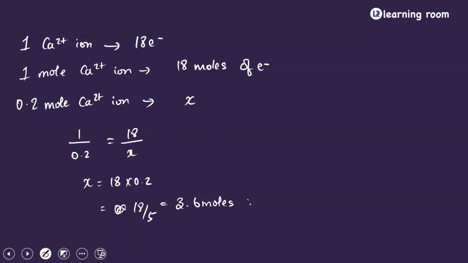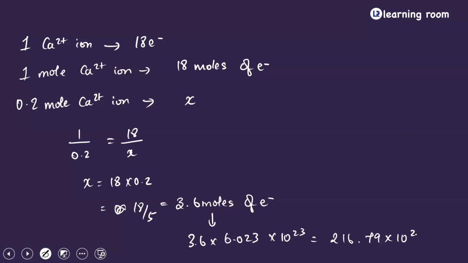But the question is not the number of moles of electrons. The question was the number of electrons. So what will you do? 3.6 into 6.023 into 10 to the power of 23. This will give you the final answer as 216.792 into 10 power 22.